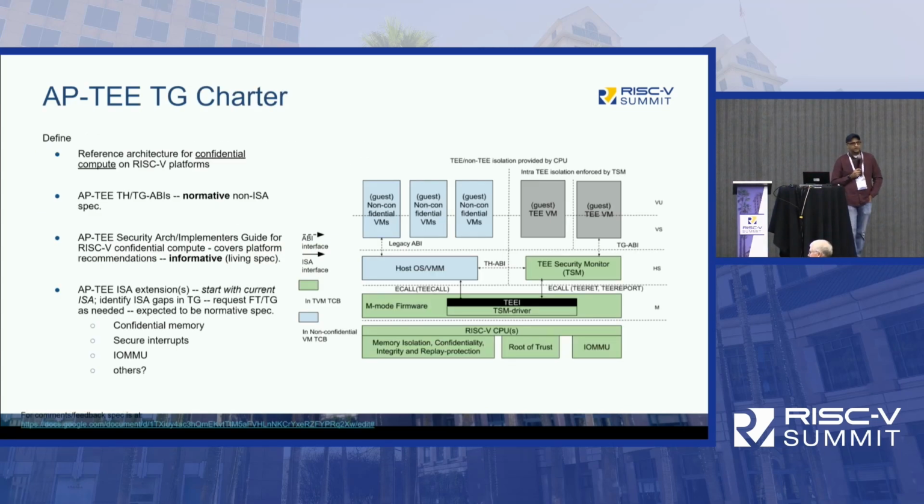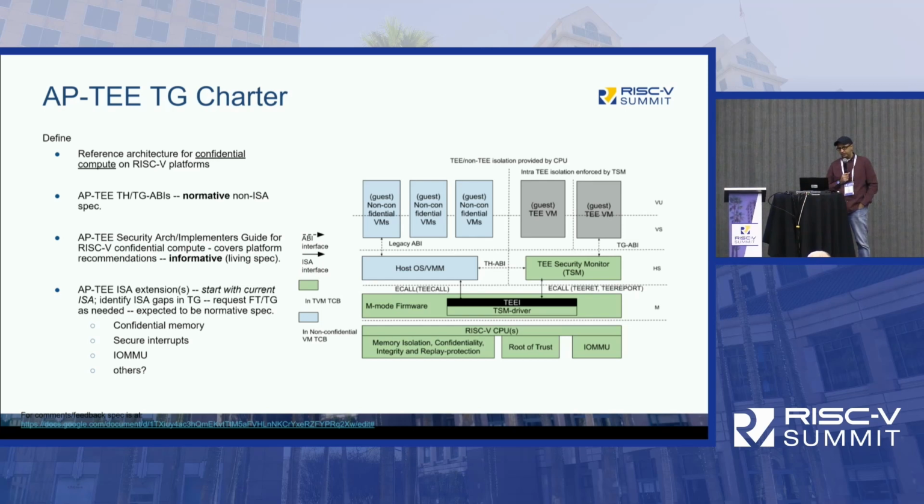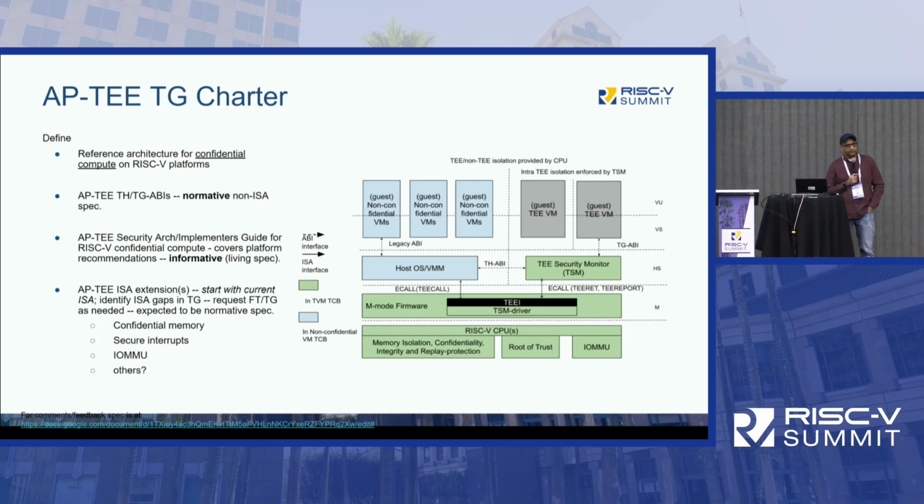So this is just a quick snapshot of the current charter, right? What this group is chartered to do is work on an architecture that can be used for application class processors, RISC-V processors that are targeted to address the requirements, specifically the security requirements for confidential compute, right?